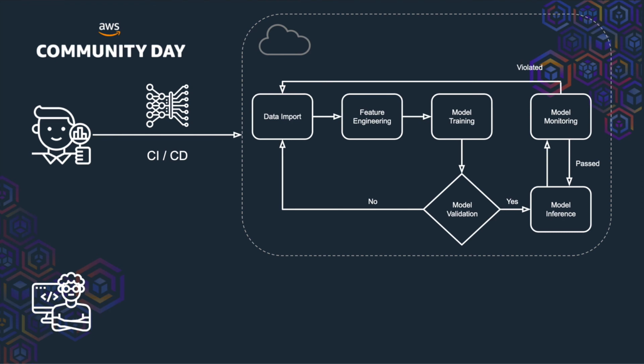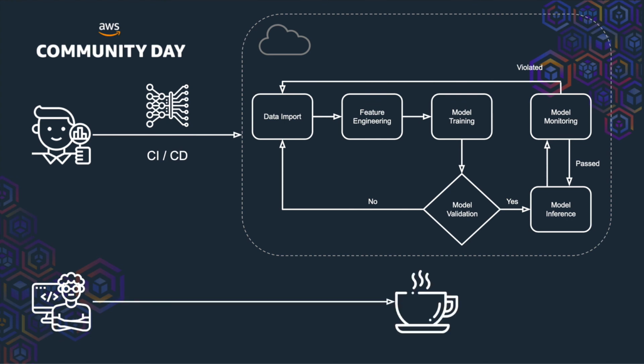So this way, the data processing and the model training have been automated and continuously integrated, and the continuous delivery of the models has been achieved, and also active model monitoring is in place. So the data scientist is empowered, and the machine learning engineers can enjoy their precious cup of coffee.